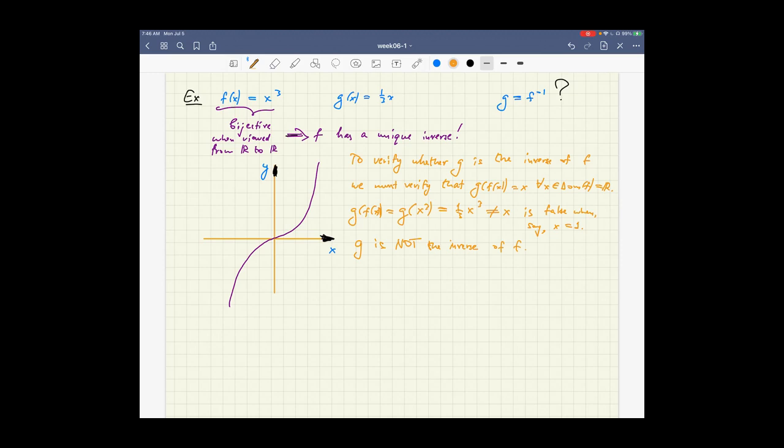A natural question arises here. If the given function g is not the inverse of f, what is?